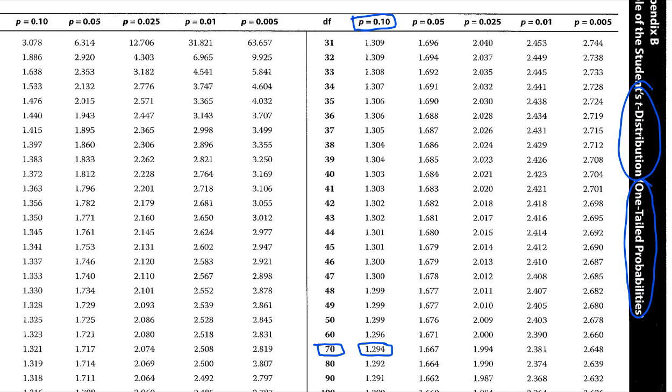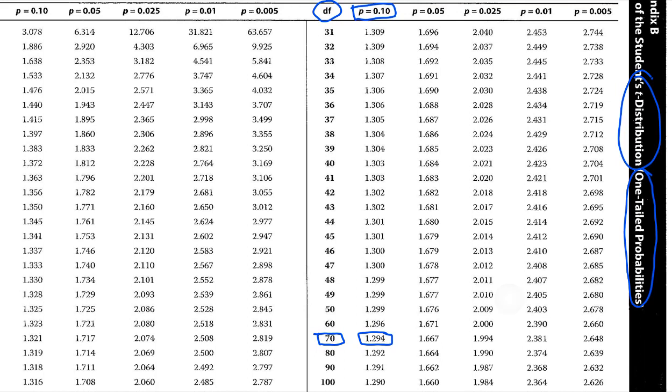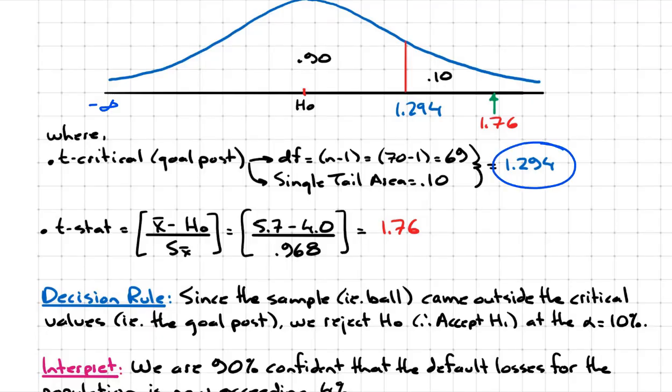Our degree of freedom was 69, so the closest number we have is 70, and the single tail area was 10%, which is right there. When we triangulate the degree of freedom with the single tail area, we get a critical value of 1.294. There it is. So this forms our critical value.